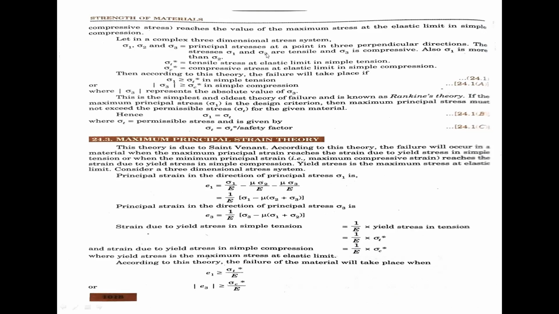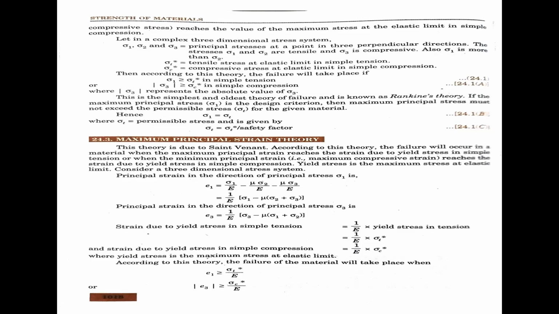The stresses sigma 1 and sigma 2 are tensile and sigma 3 is compressive. Also, sigma 1 is more than sigma 2. This is the condition for principal stress. Sigma T star is the tensile stress at the elastic limit in simple tension, and sigma C star is the compressive stress at the elastic limit in simple compression.